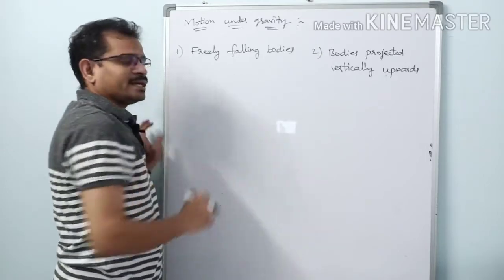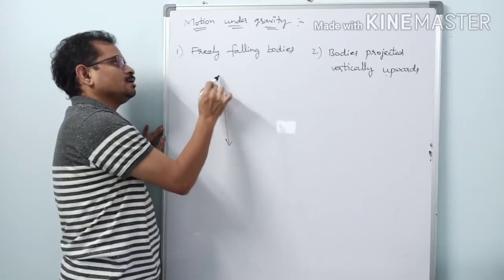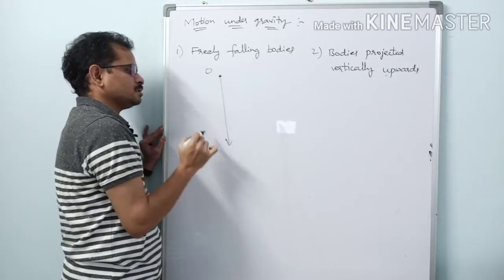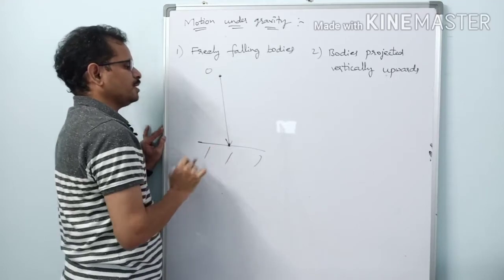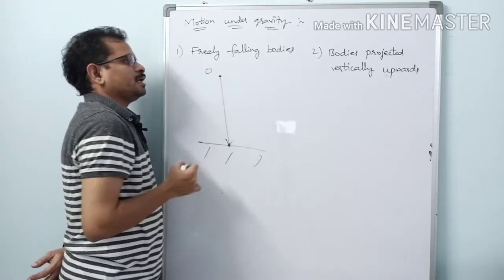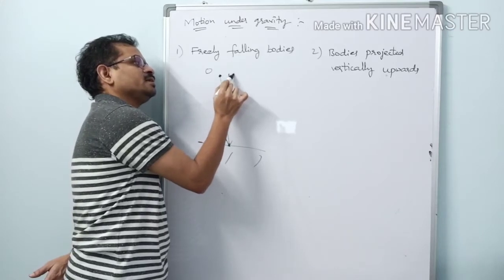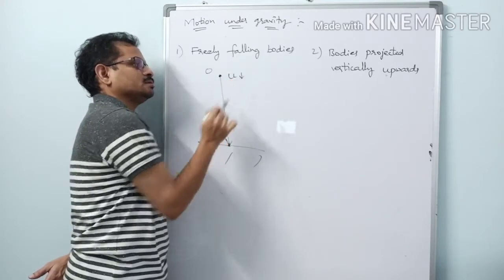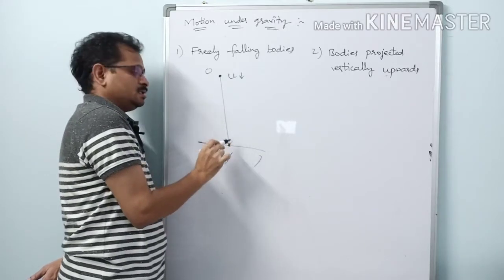What is the direction of its motion? Downward. Let this be the origin point and let this be the ground. So this is the final point. Now let us consider initial velocity. What is its direction? u is downwards. What about final velocity?